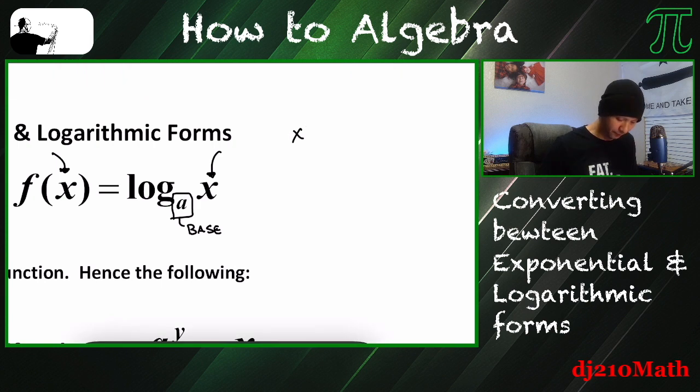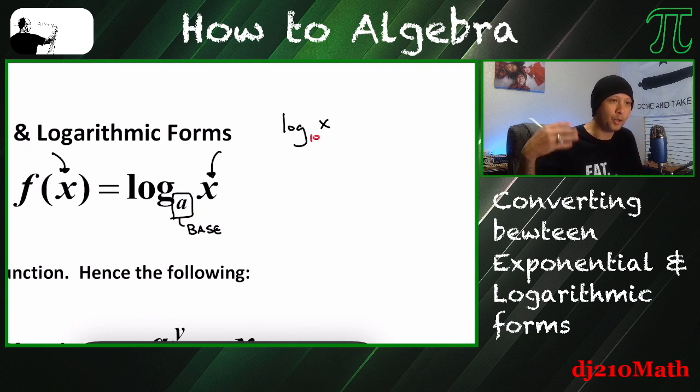So a fun fact is that when it comes to logs, if you have log x, all right, it's understood that it's going to be a base 10. This will come up in a little bit, but I'm clearing the air right now. So base 10, you would never really write base 10. You would just say log x, right? Like it's understood that when you don't write it, there's a 10 there.